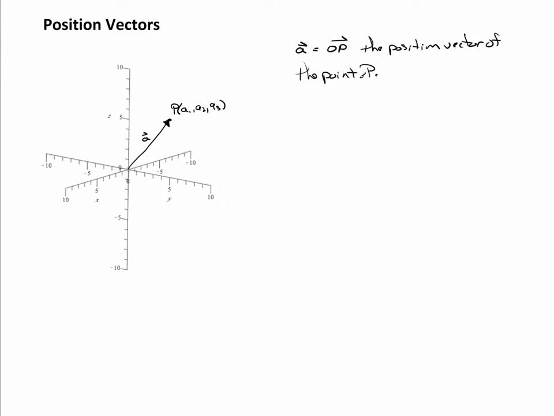Any other representation of OP, let's say AB, so down here someplace, I'm going to take point A, which is going to have coordinates, let's call it x1, y1, z1. And over here, let's say this is point B, where B has coordinates, let's call it x2, y2, z2. So here I have vector AB.